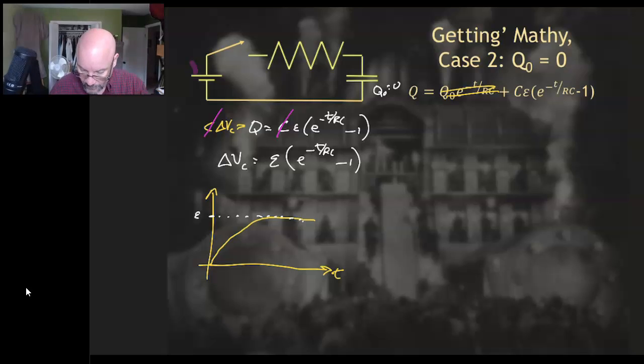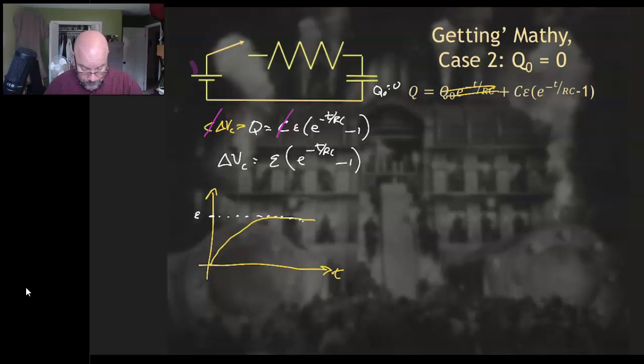This CE is really going to turn out to be our maximum charge, and we would have something similar where it's going to come up to whatever Q max is here. Now usually we're not all that interested in that, but we might be. So let me clean this up just a little bit. There we go. So there's our voltage.